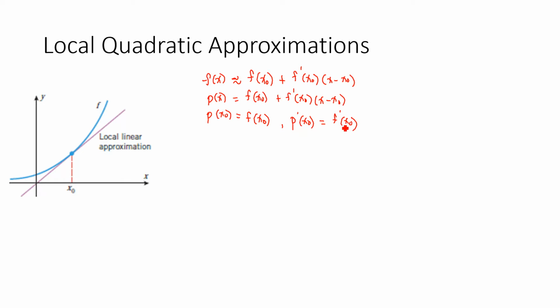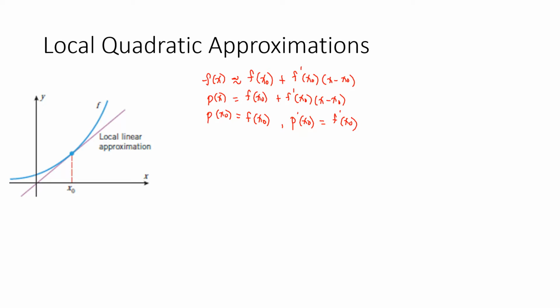Thus, the local linear approximation of f at x sub 0 has the property that its value and the value of its first derivative match those of the function at x sub 0.